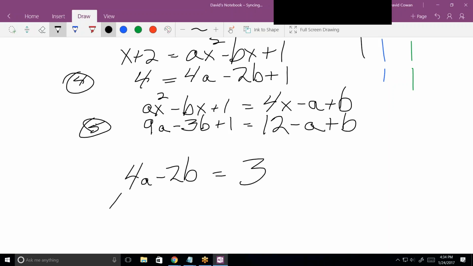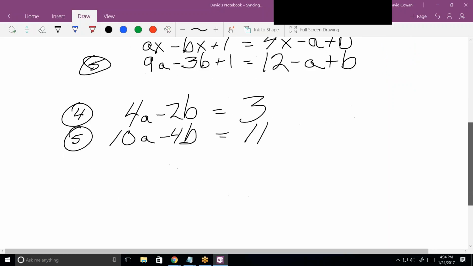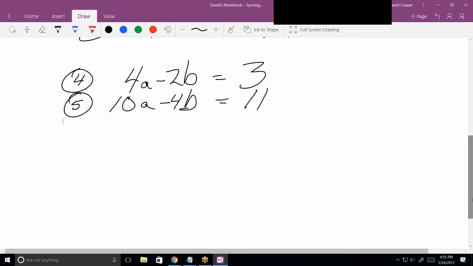Well, I got a total of 10a, minus 3b minus another b is minus 4b. And if I put all my numbers on the right, I get 11. So there's my equation 4. There's my equation 5. I now have a system of equations that I can solve by elimination. Whenever you have them in standard format like this, elimination is always the best, easiest way to solve it.